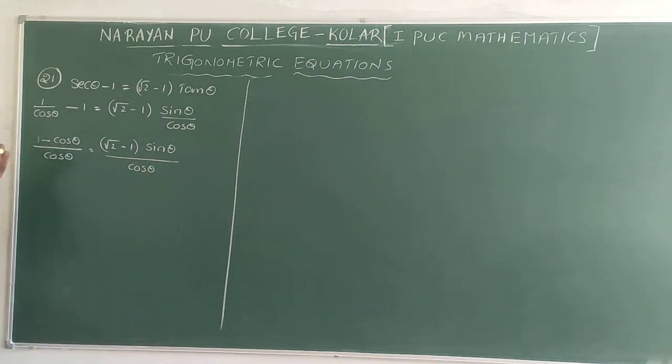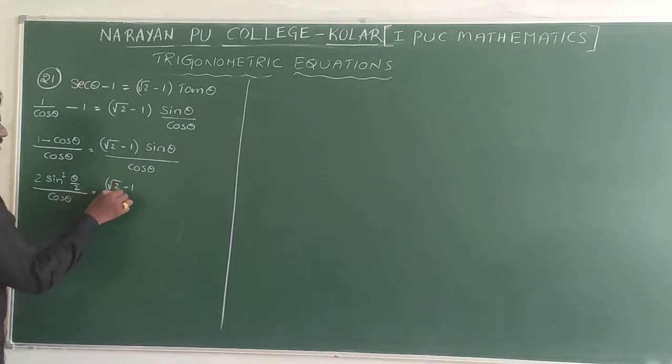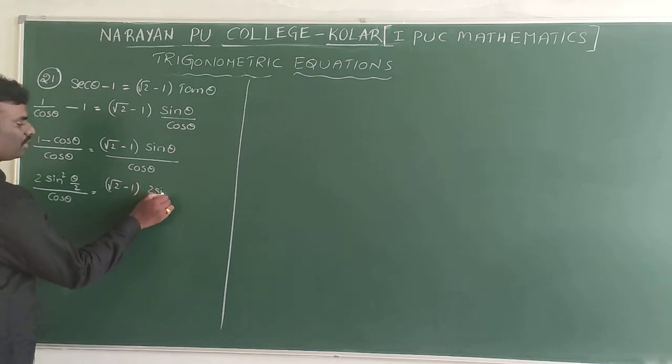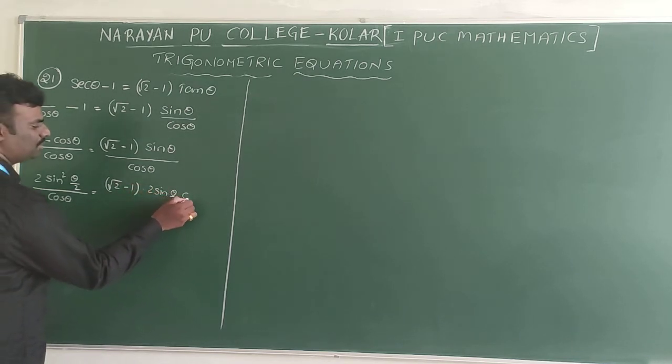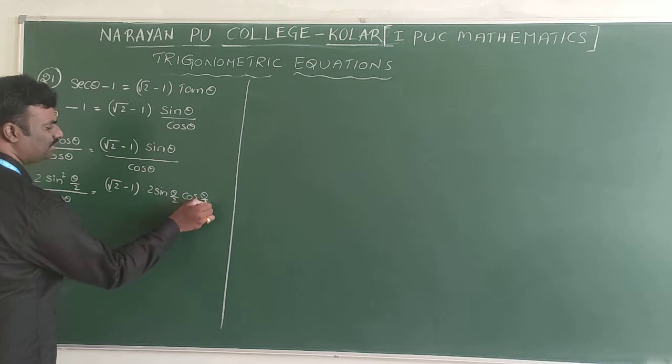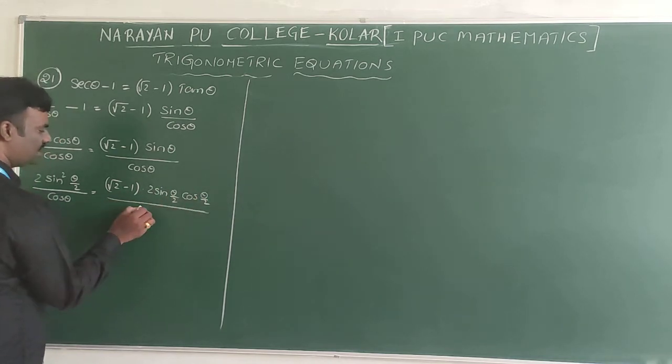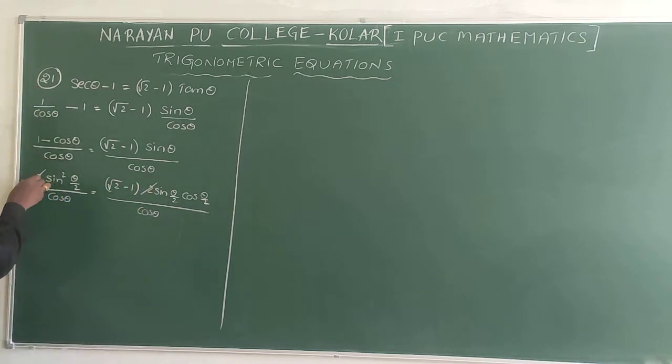This 1 minus cos theta can be written as 2 sin square theta by 2, by cos theta, is equal to root 2 minus 1 into sin theta, which can be written as 2 sin theta by 2 cos theta by 2, by cos theta. Now both sides 2 and 2 get cancelled.